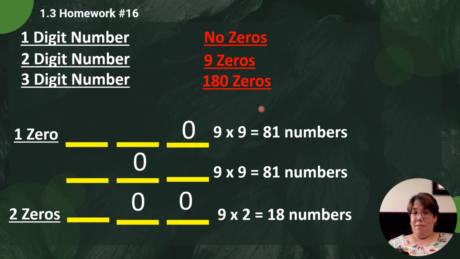Okay. All right, so that's the 3-digit numbers. Now, that gets me up to 3 digits, but I'm not quite there yet.